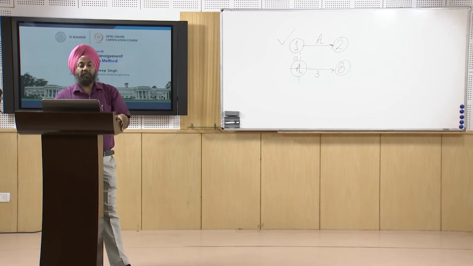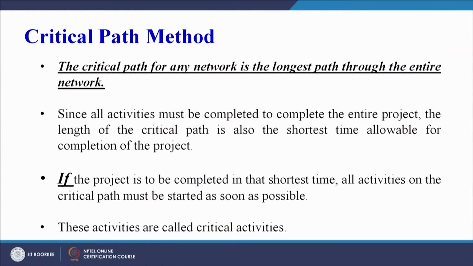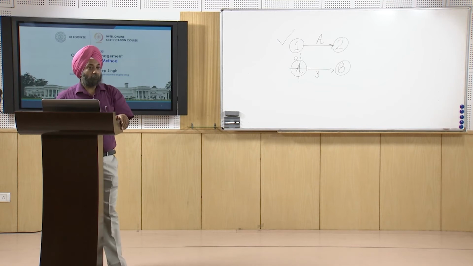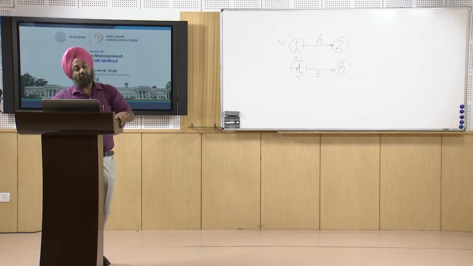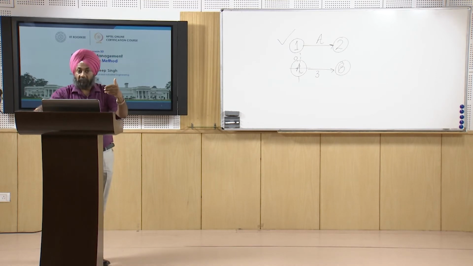Since all activities must be completed to complete the entire project, the length of the critical path is the shortest time allowable for completion of the project. As in the beginning of today's session I have told, it will give us the shortest time required for completion of the project. I think in between I may have slipped and called it the longest time, but we will see that it is the shortest time allowable.